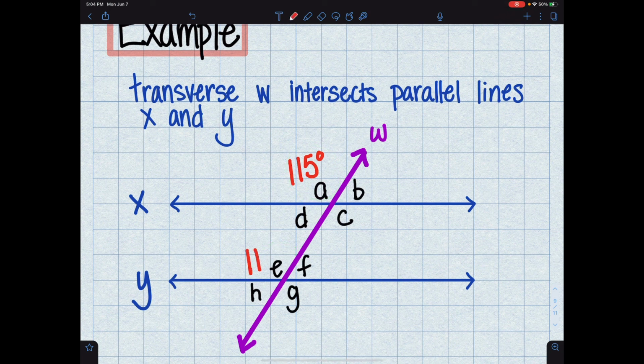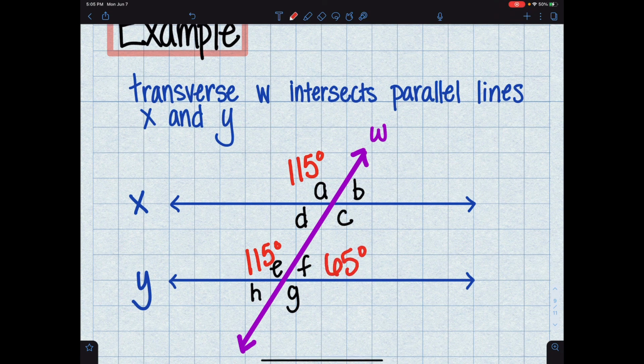So this is also 115 because it's a corresponding angle. And E and F are supplementary angles. So they add up to 180. So all you have to do to figure out the other one is you do 180 minus 115, and you get 65 for this angle.